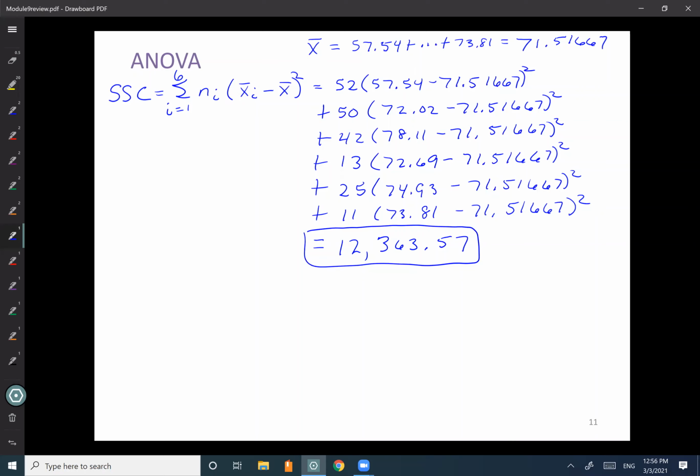And in this case, our groups are continents. The sum of the squares for the error, or within the groups, is the sum from i equals 1 to 6. You take the size of each continent, the number of countries within each continent, subtract 1, multiply it by the variance.